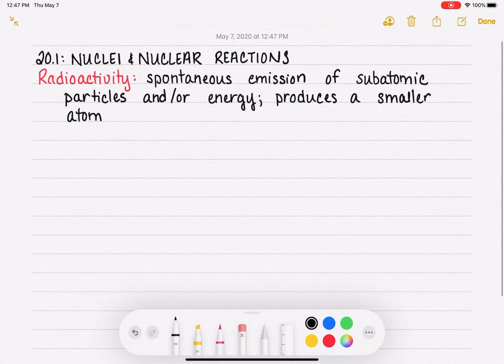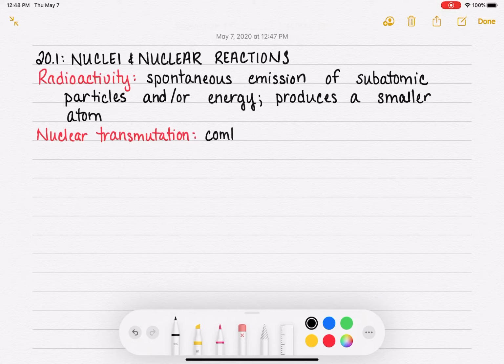We also have, opposite of radioactivity, a process called nuclear transmutation. And so this is like a combination reaction. This is when we would combine an atom.